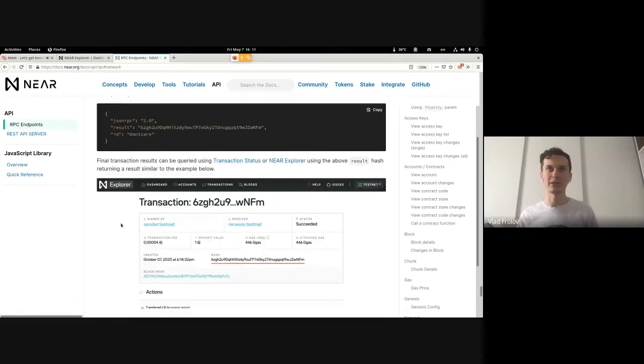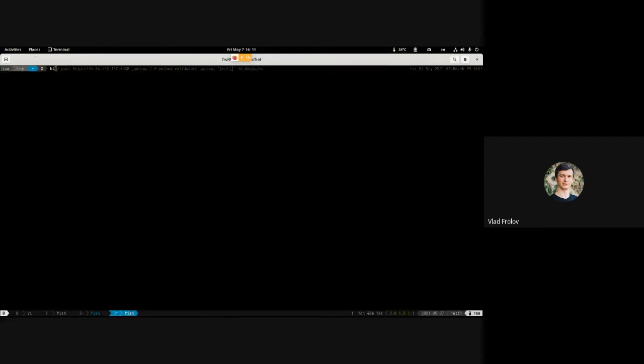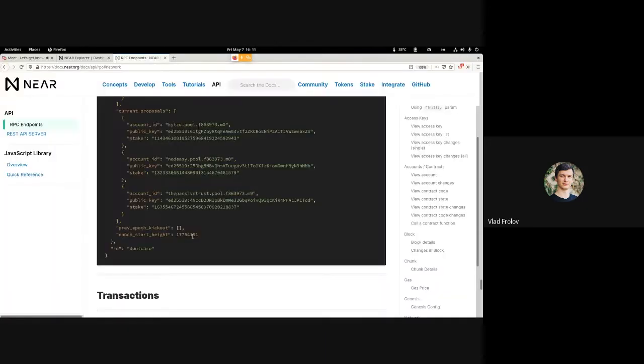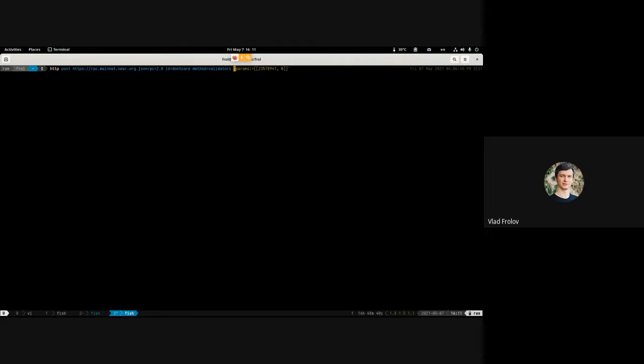The useful part here is that this endpoint also returns the epoch start height, so you know when the epoch starts. So let's check it out. Mainnet, validators, and we pass null.